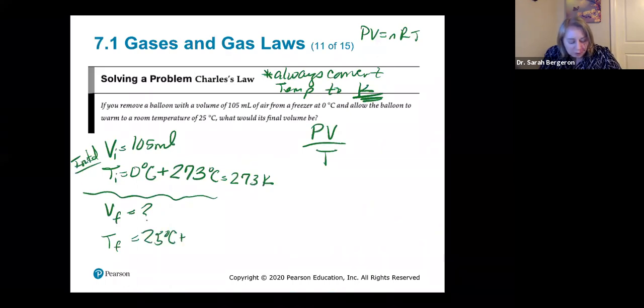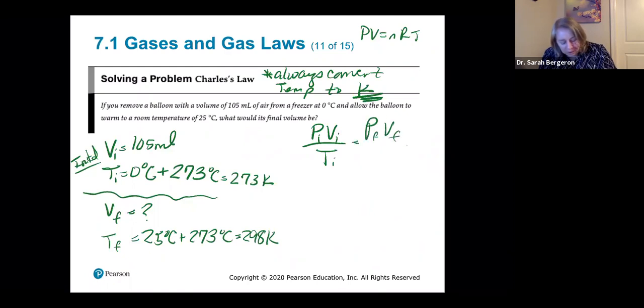Make sure you convert that by adding 273. And so you should get a temperature of 298 Kelvin. All right, so now peas and vegetables on the table, right? Initial, peas and vegetables, but these are our final peas and vegetables on the final table.